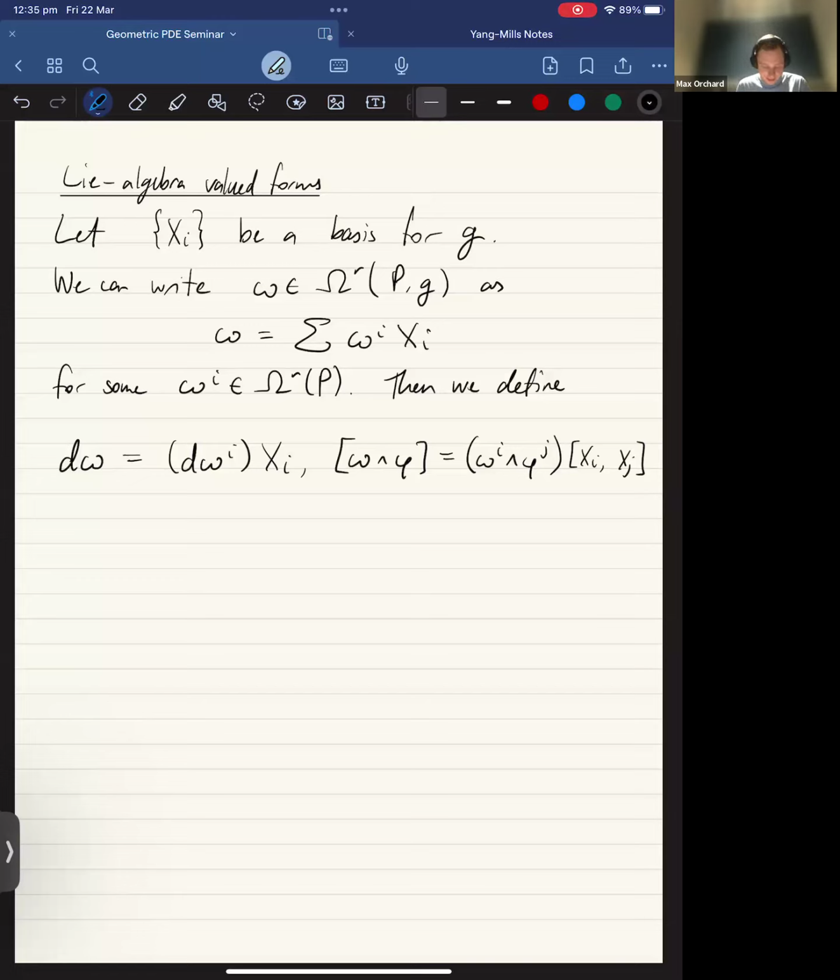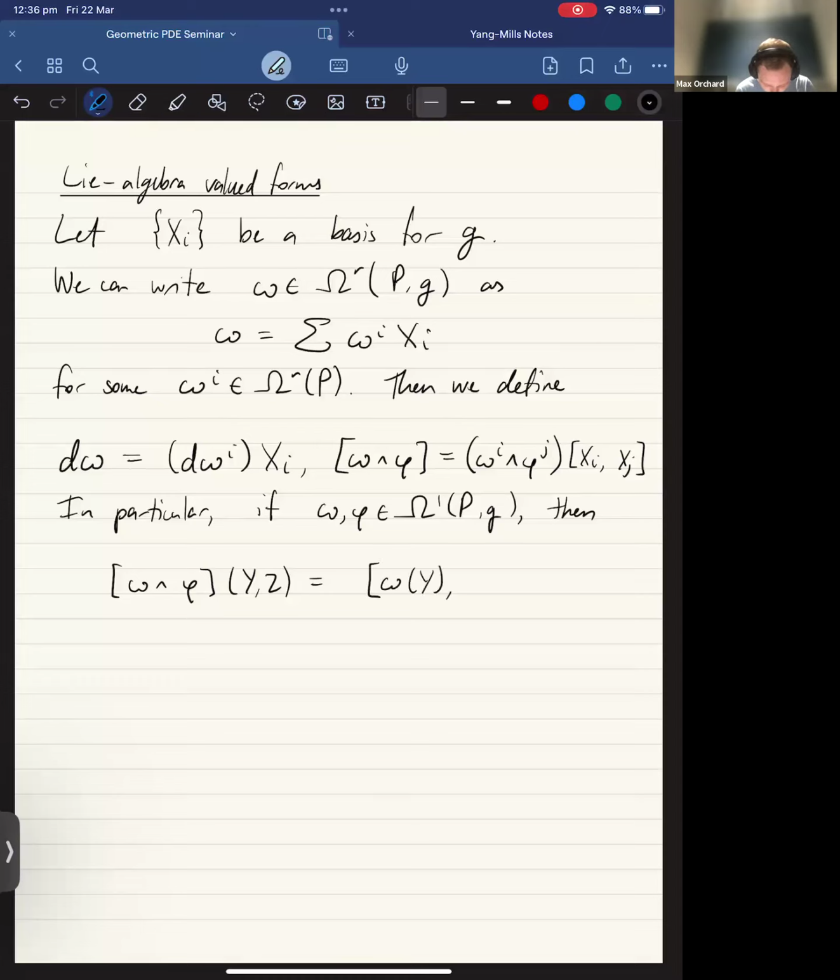In particular, if both of these are one forms, because these correspond to connection forms and certain connection forms that satisfy certain properties, then we can show that the wedge product of these two, I'm going to use y and z because we've already used x's, is equal to this here.